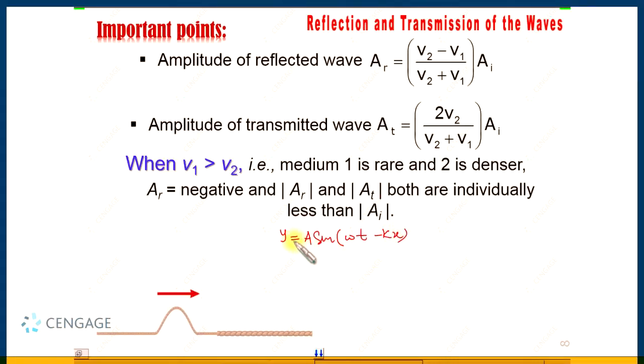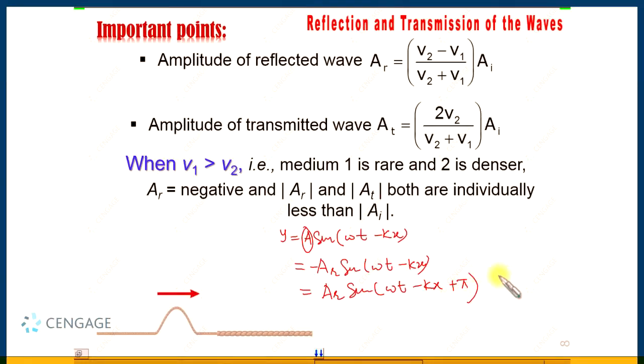Suppose we have this equation of the incident wave, and now the displacement, or you can say this value, became negative. Suppose we write minus A_r sine(omega t minus kx), you know from mathematics we can write A_r sine(omega t minus kx plus pi).